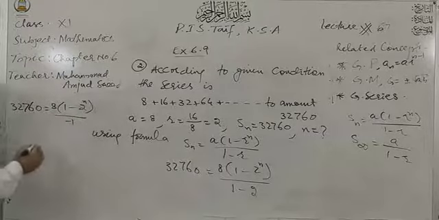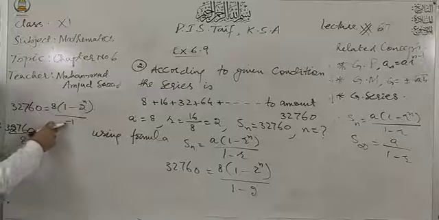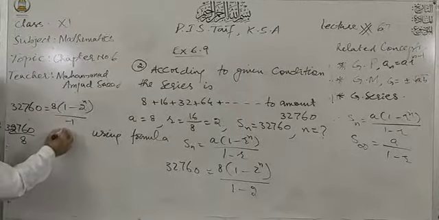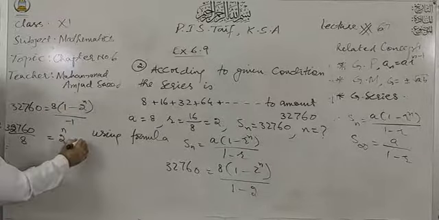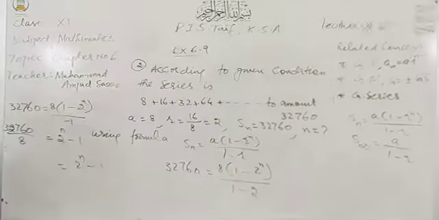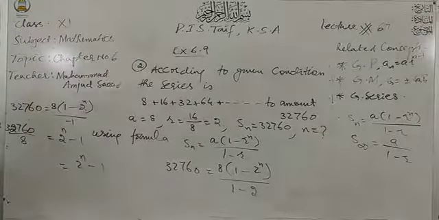This is minus 1. 32760 over 8, and this minus will change the sign in the numerator. 2 power n becomes positive and 1 becomes negative. 32760 divided by 8 will be 4095.